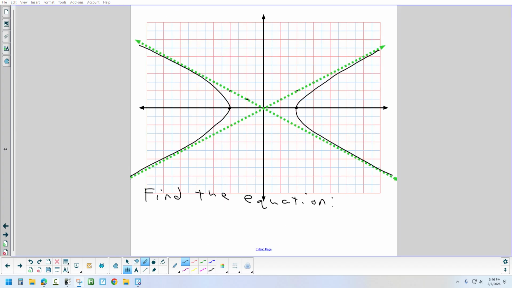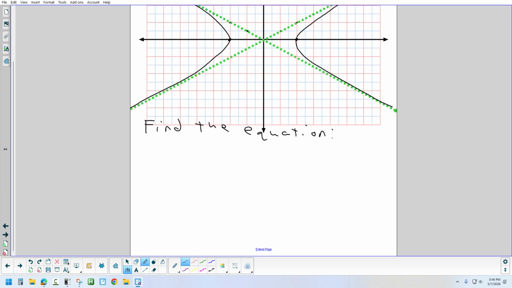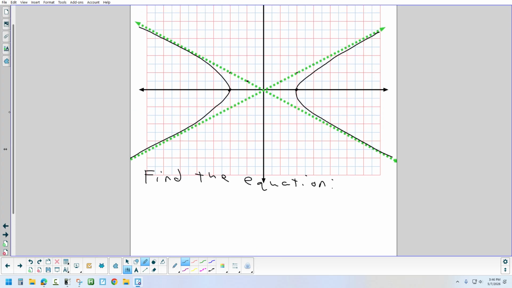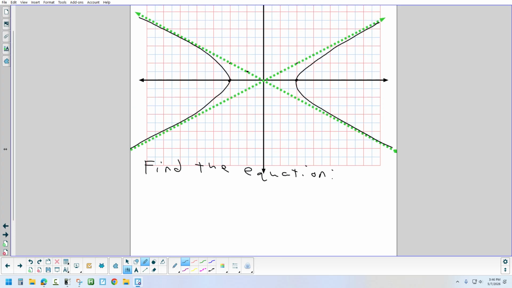All right, so next problem they're giving us, they want us to find the equation of that hyperbola. Let's write down the equation template first, and then we'll know what we need to fill in. So when you are writing the equation of a hyperbola and the transverse axis is horizontal, can you give me some pieces that we know never change in a hyperbola equation?